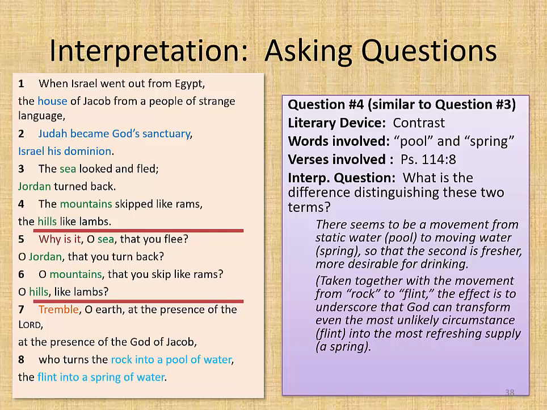So we're moving to the second of both pairs, flint and spring. That's a remarkable picture, isn't it? God can transform not just a rock, but even a flint, and present us with not just a pool, which might be stagnant, but a beautiful, sparkling, refreshing spring.